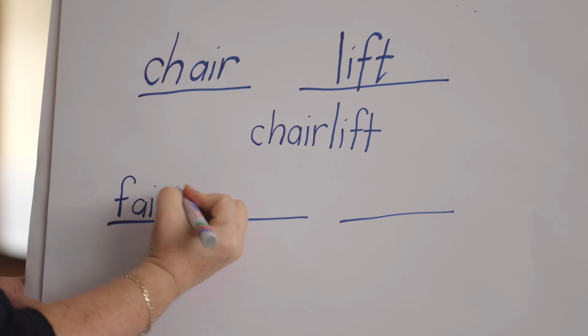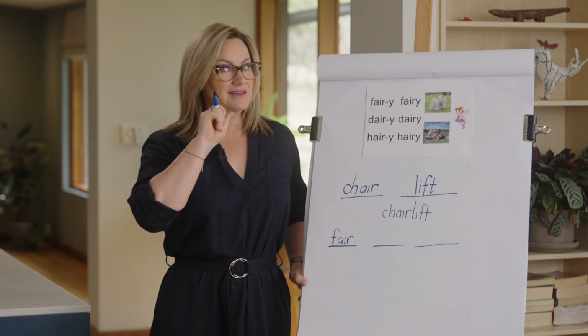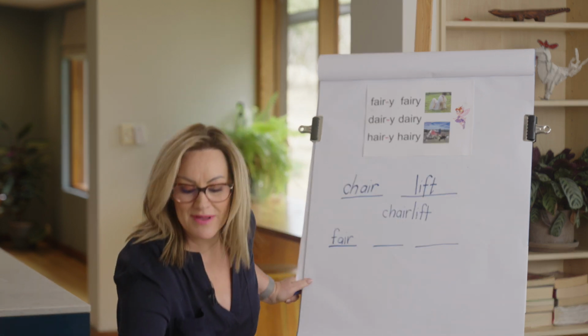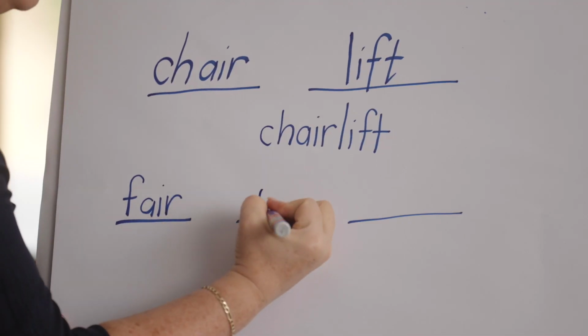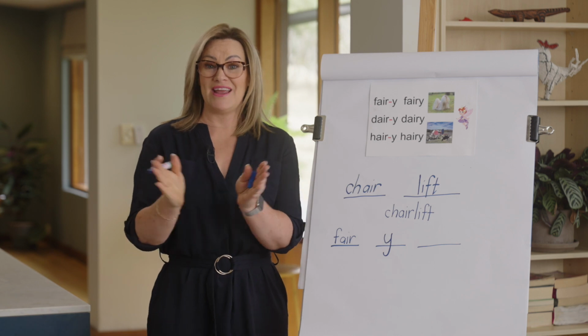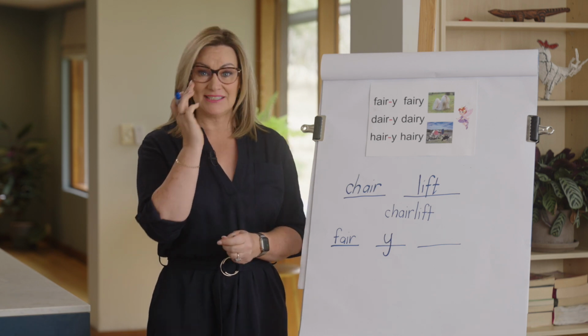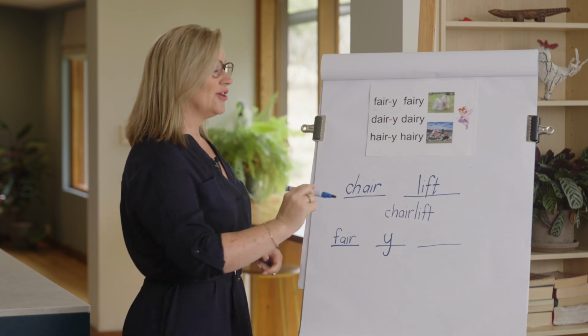Air. Second syllable, fairy. What do you need to remember? You need to remember this. Fairy. Third syllable, tap it. Fairyland. Last syllable, tap and say. Land. Right.